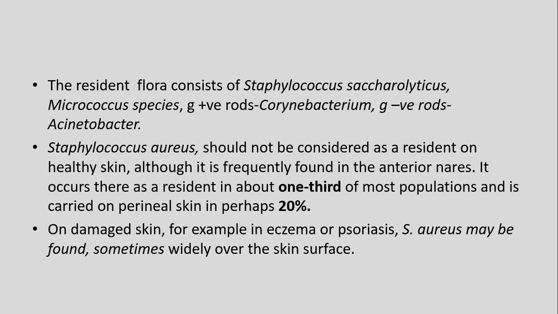On damaged skin, for example eczema or psoriasis, Staph aureus may be found sometimes widely over the skin surface. So usually Staphylococcus aureus is not a part of normal resident flora, but is carried in the interior nares in one-third of the population, and perineal skin in 20%. In already inflammatory skin diseases like eczema and psoriasis, staphylococcal colonization is more frequent.